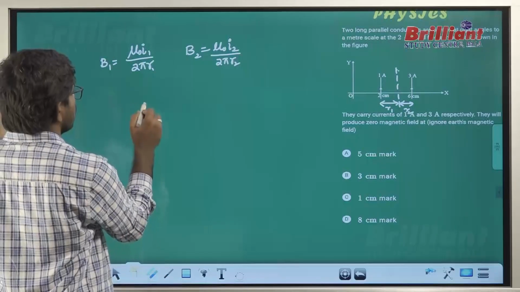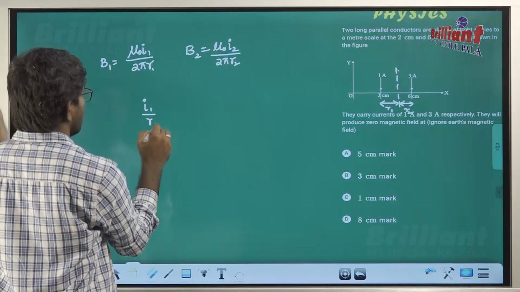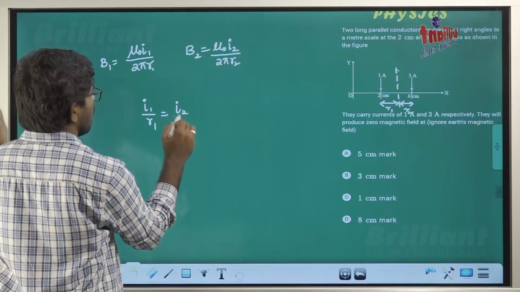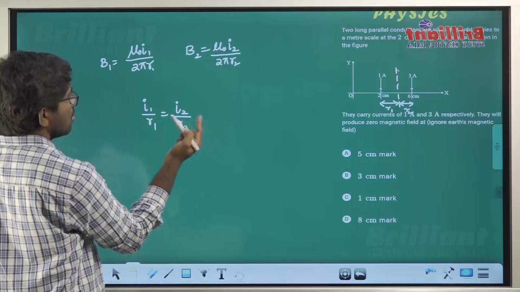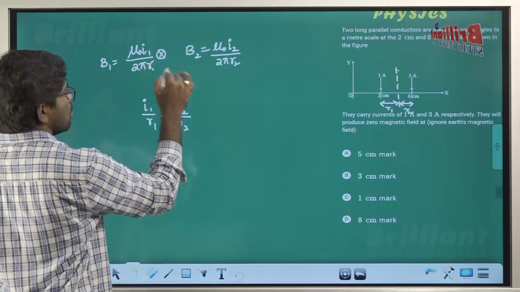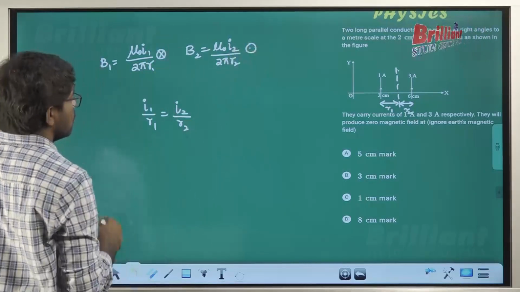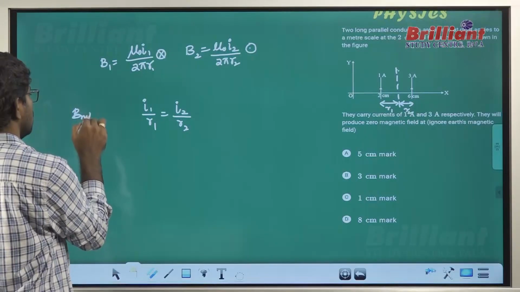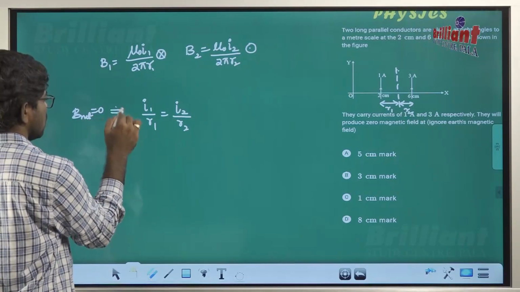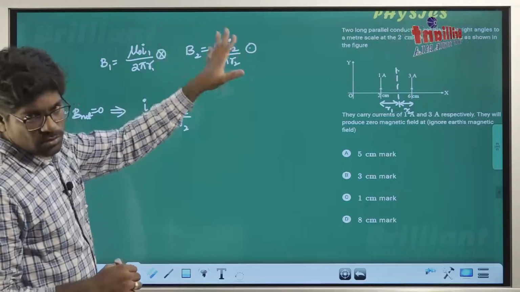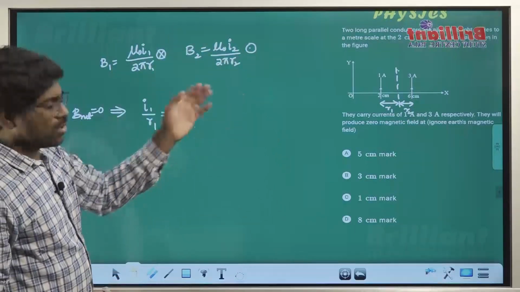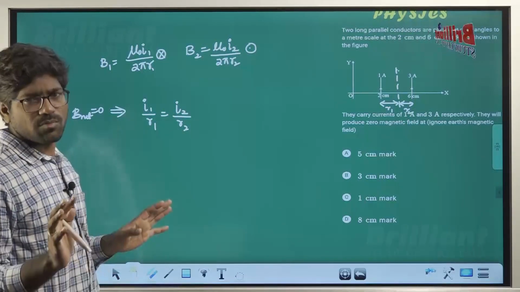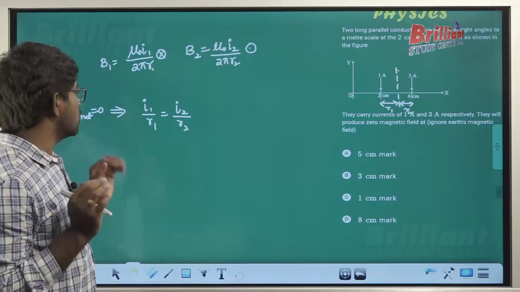When you equate this, what do you get? I1 by R1 equals I2 by R2. Why are you equating? One is into the plane, one is out of the plane, and the net should be 0. That implies this minus this equals 0. It means this should equal this. Simple. Yes or no? Right?